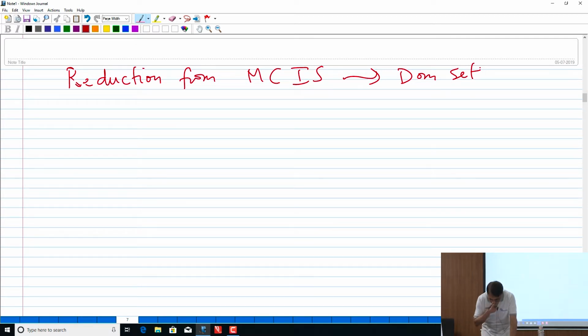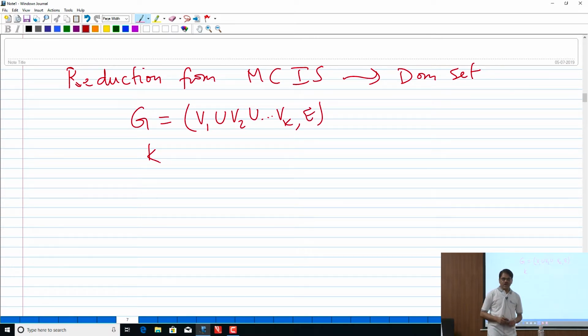Okay. So, what is the input here for multicolored independent set? You are given a G which is colored, and you have a parameter k, and I am looking for an independent set in G. So, the edges can be everywhere, wherever it is, right, in this graph. I am looking for an independent set that picks exactly one vertex from each of the Vi's.